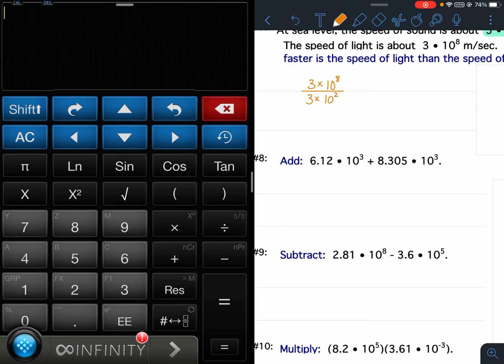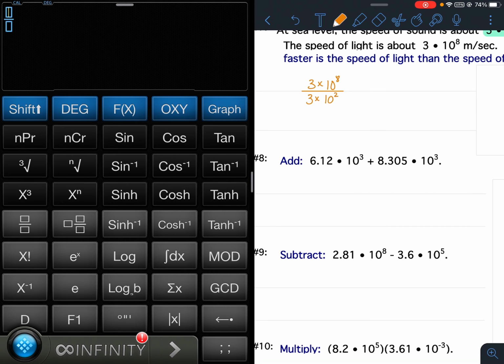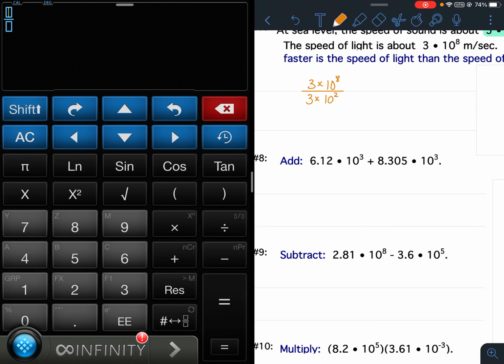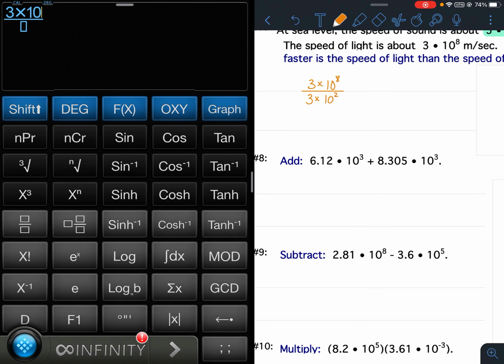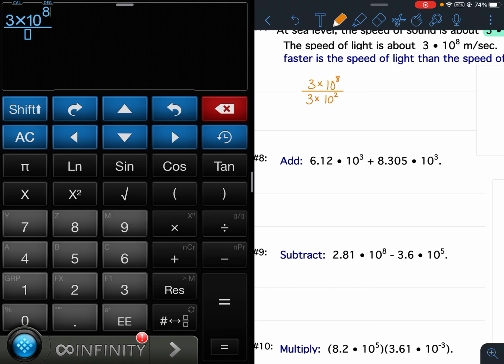All right, so to put this in, I'm going to start with my fraction button. 3 times 10 to the 8th. Now remember, if you're using the calculator at the school or one like the schools, use that times 10 to the nth button. It makes putting this in much easier. You'd still need to press the fraction button first. Always press the fraction button first.